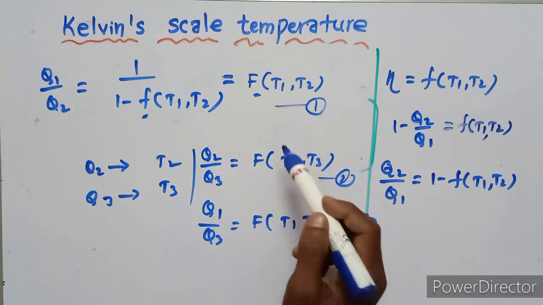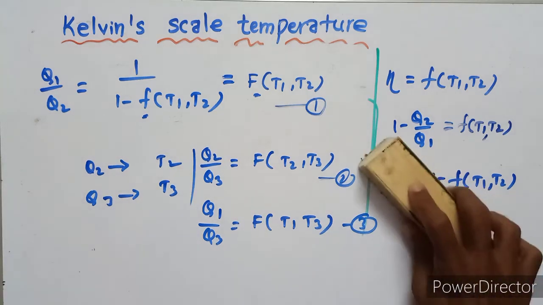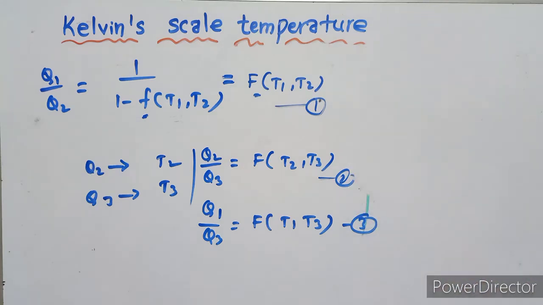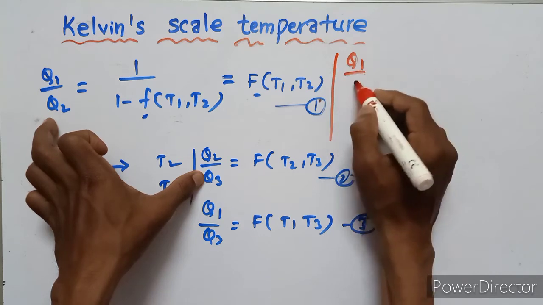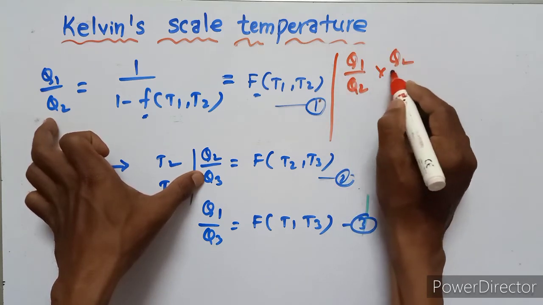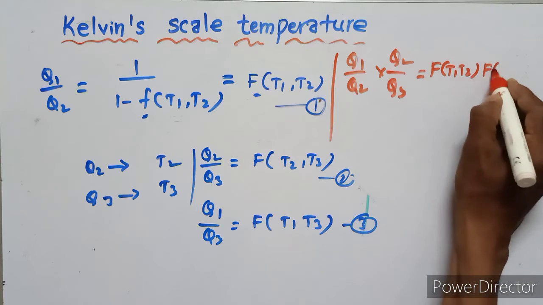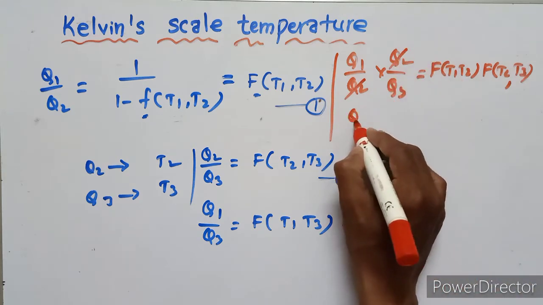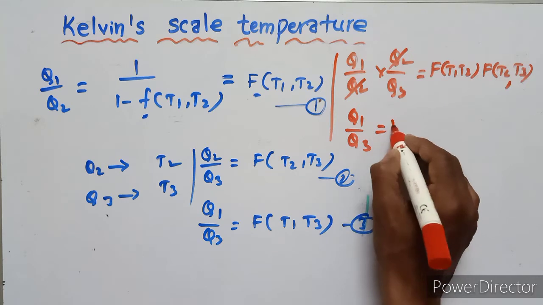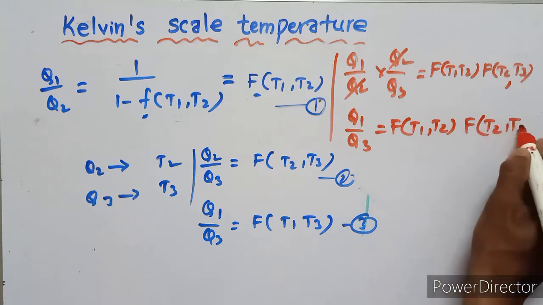Multiplying equations 1 and 2: Q1 upon Q2 into Q2 upon Q3 is equal to the function of T1, T2 into the function of T2, T3. Q2 cancels, then Q1 upon Q3 is equal to f of T1, T2 into f of T2, T3.